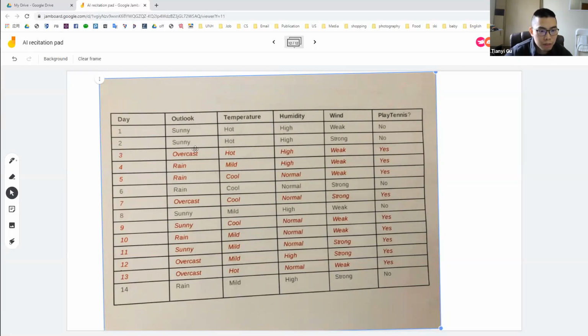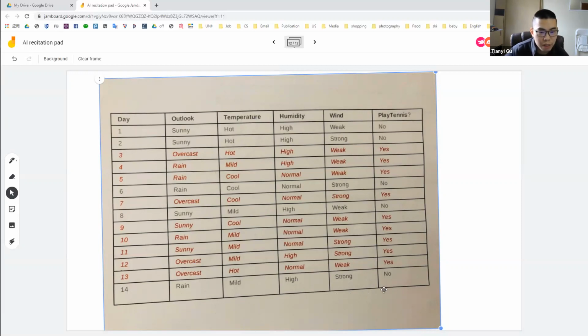So, etc. Given measurements of all the features, what's the outlook, what's the temperature, what's the humidity, what's the wind, for a new data point, each of these values can be, for example, sunny or overcast.